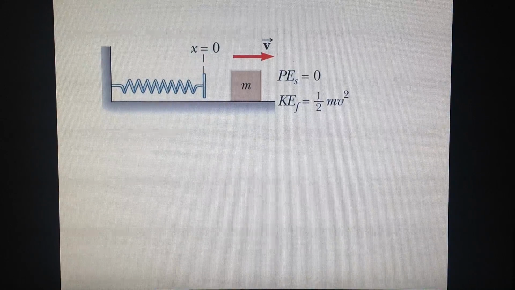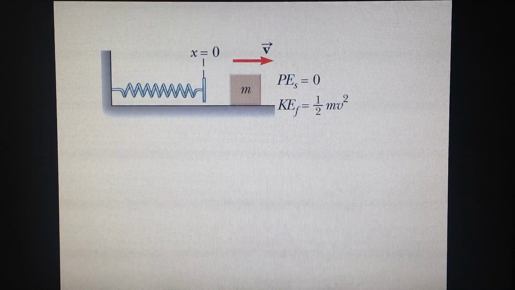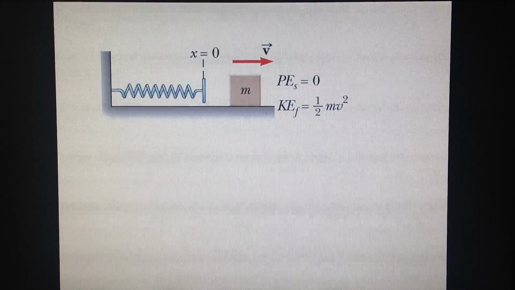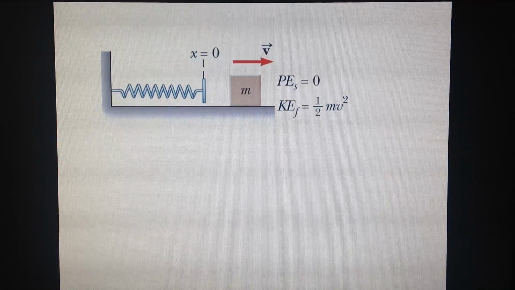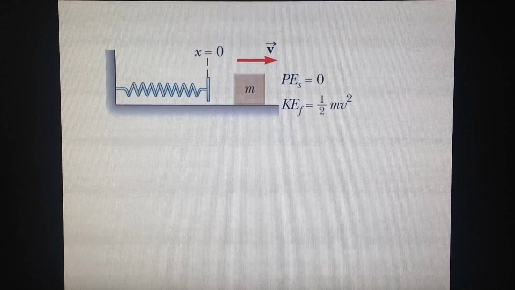This figure shows how the stored elastic potential energy can be recovered when the block is released. The spring snaps back to its original length, and the stored elastic potential energy is converted to kinetic energy of the block.